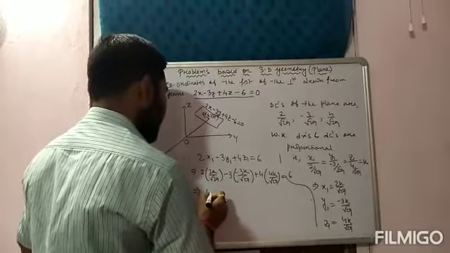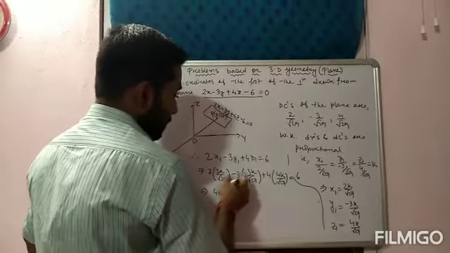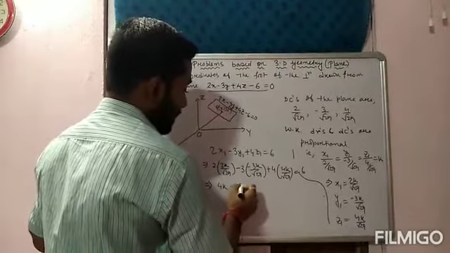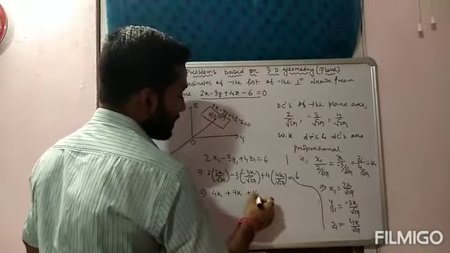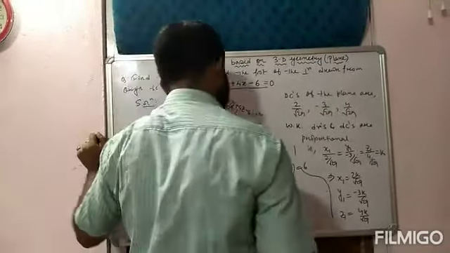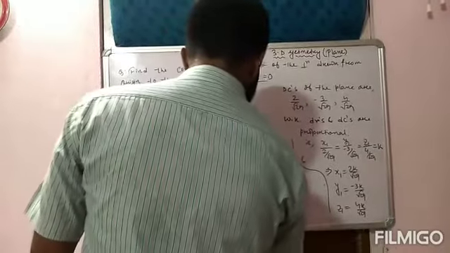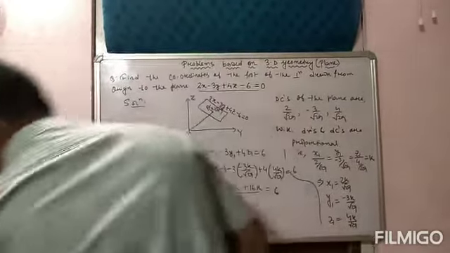So that means 4k plus 9k plus 16k, divided by root 29, this is equal to 6.